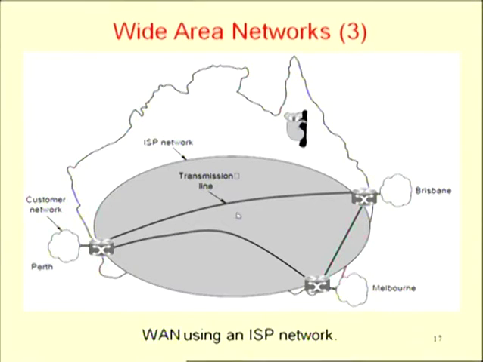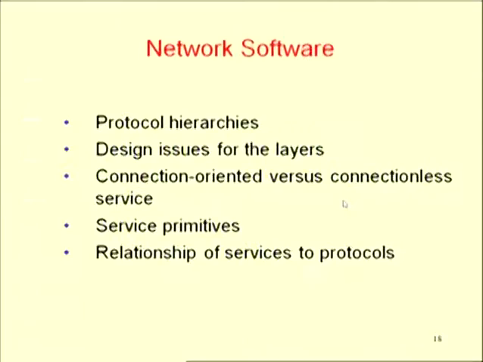Okay, this is a third illustration of wide area network. In this wide area network you can see a WAN link that is using an ISP network. Again a transmission line is used as it was used in the case before. But what difference is there here?